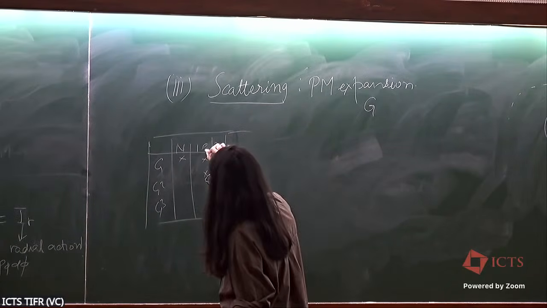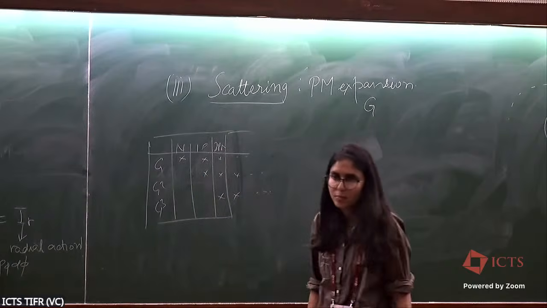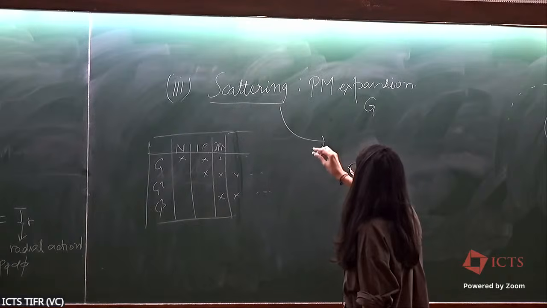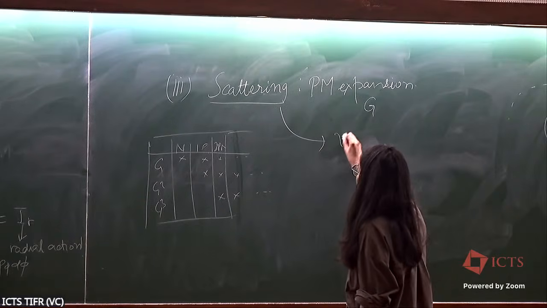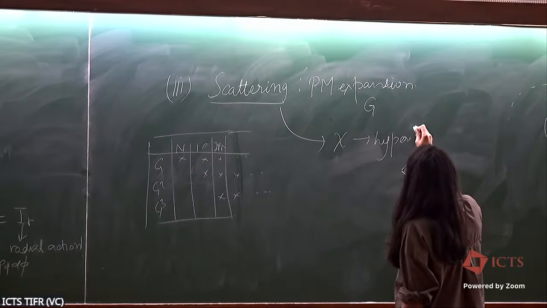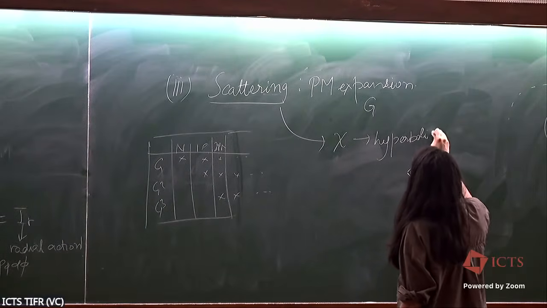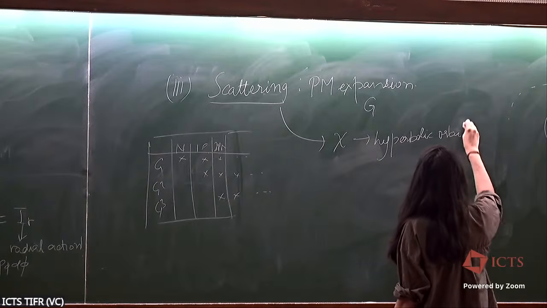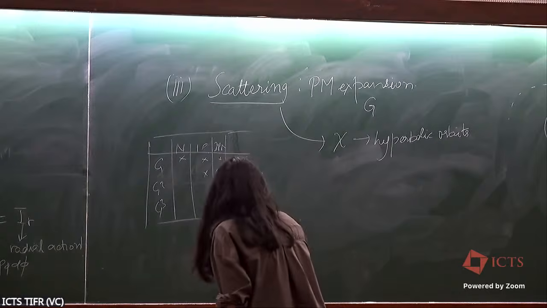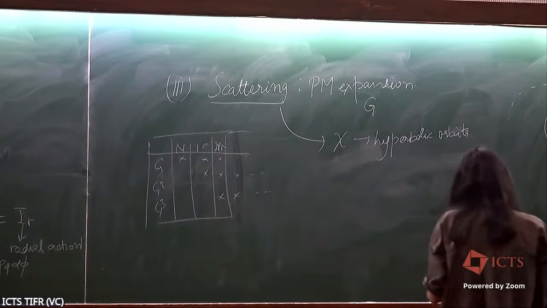We said that there is an overlap between PN and PM information. And the gauge invariant variable in PM expansion is the scattering angle because we focus on hyperbolic orbits. As you might have seen in the course in the morning today.